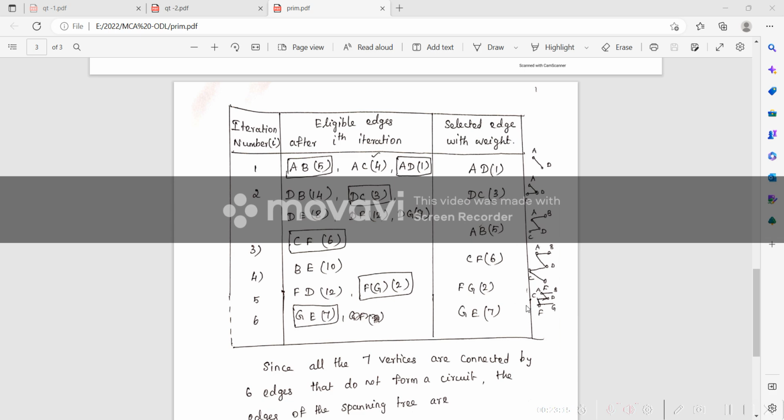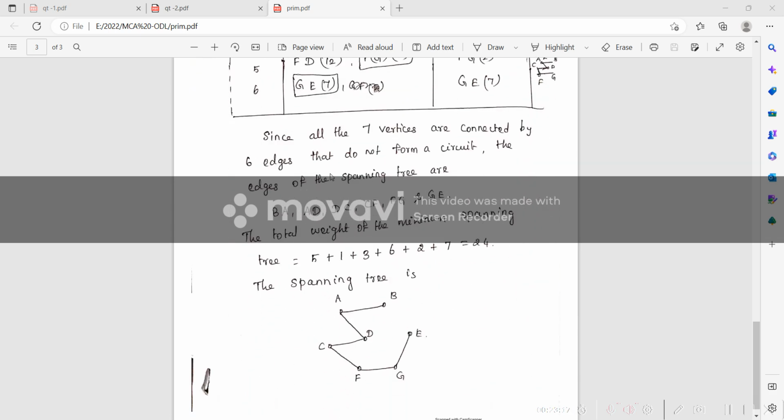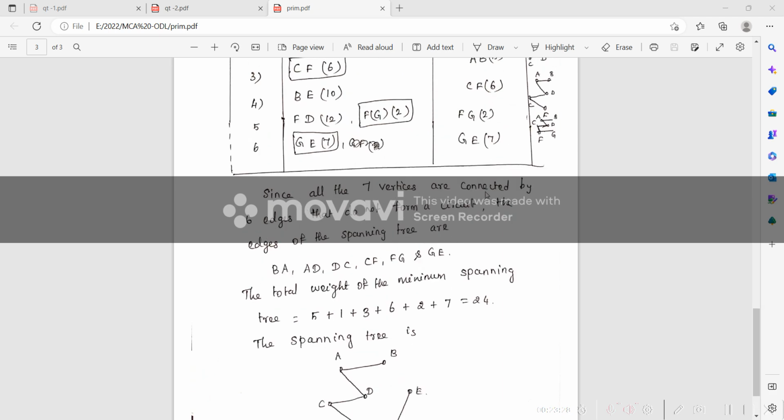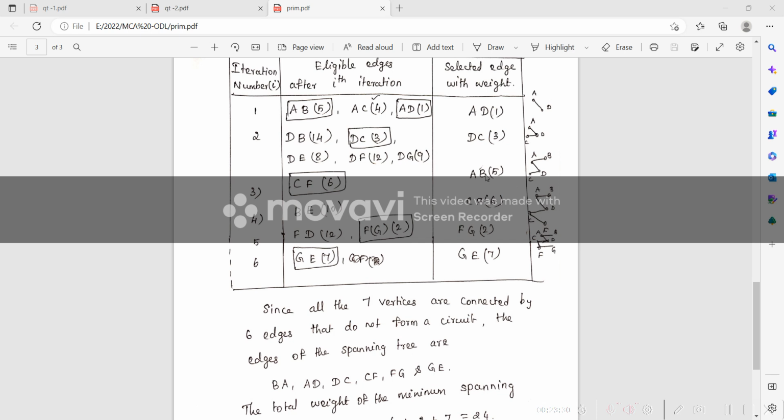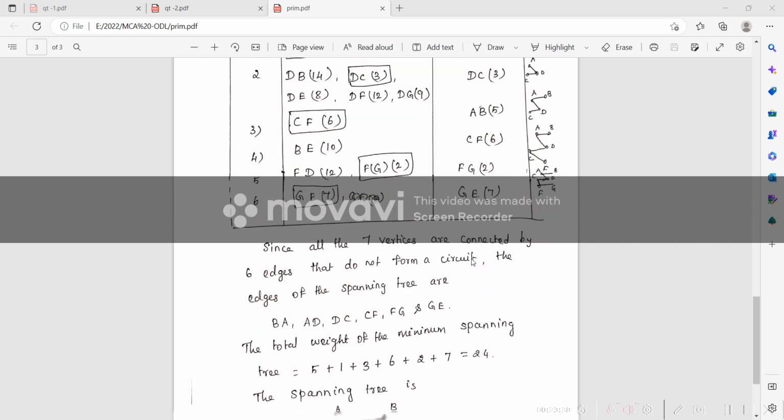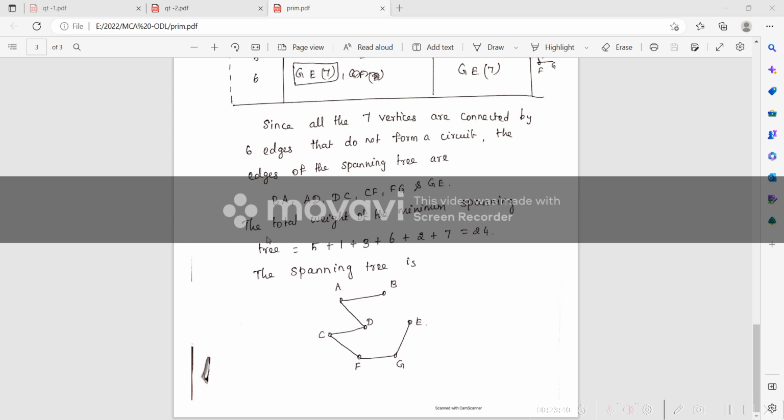So this is our spanning tree. Okay, since all the 7 vertices are connected by 6 edges, that do not form a circuit. The edges of the spanning tree, in the order we are forming, are BA and then AD and then DC, CF, FG and then GE. Okay, so this is our spanning tree.